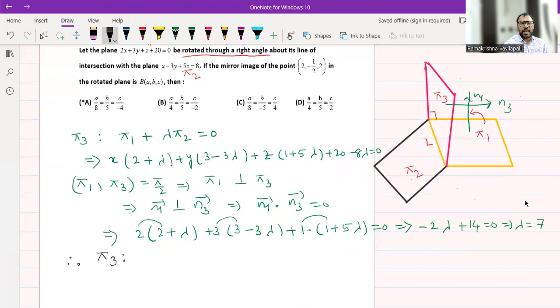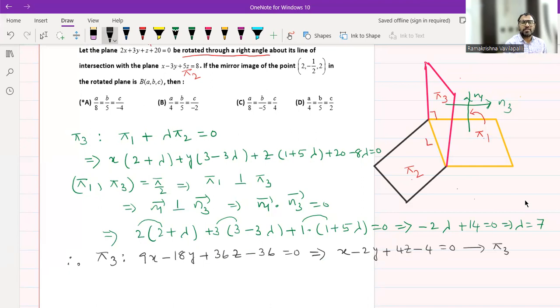Here you will get 9x, 3 minus 21 minus 18y, this is 35 plus 36 plus 1, 36z, and this is 20 minus 56 minus 36. You can cancel with 9: x minus 2y plus 4z minus 4 equal to 0. So this is plane 3.